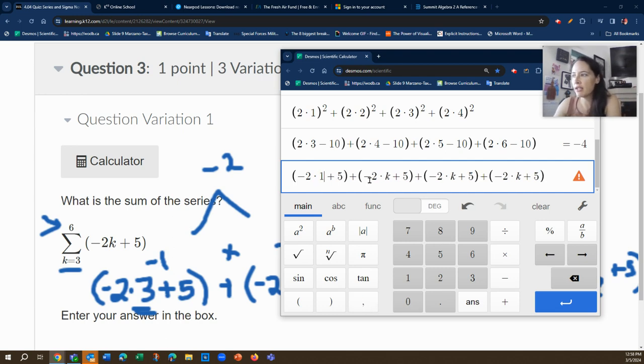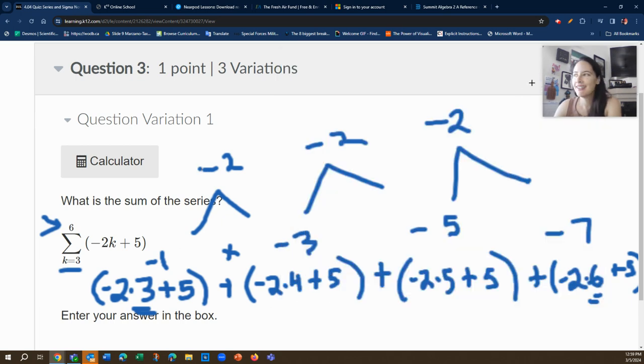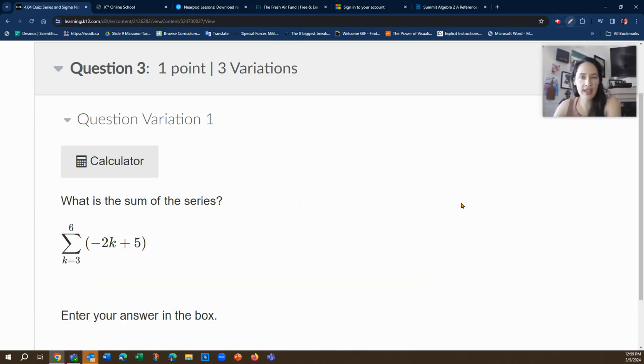So k equals 3 because we're starting at 3, k equals 4, k equals 5, k equals 6. We can stop because we're stopping at 6. -16. I think that's what I said. But if I didn't, that's okay. I use a calculator to check my work. That's smart. That's what we should always do.